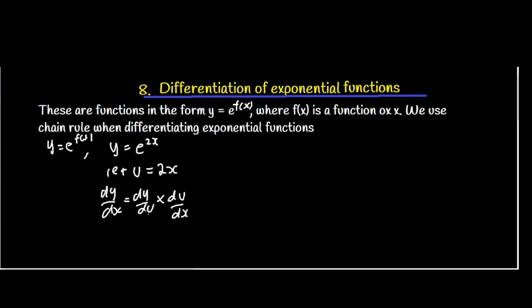So our dy/dx is going to equal dy/du times du/dx, but what is our dy/du? We get it from y equals e^u, where f(x) has been changed to a variable u. The first point to note is that whenever you differentiate an exponential function with a variable u, d/du of e^u is the same as the very function e^u.